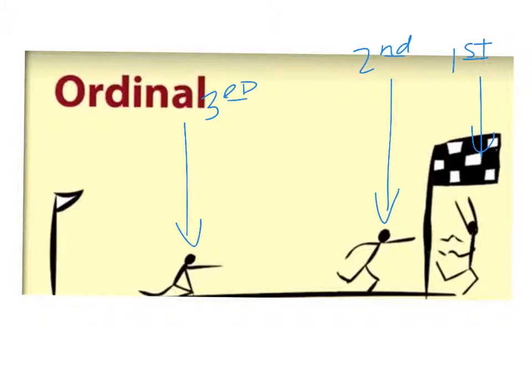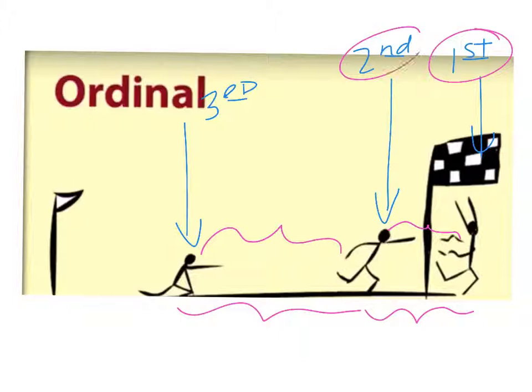What's important to know about ordinal data is that it doesn't necessarily have the same gap. So these 2 girls have a bigger gap between second and third than there appears to be between first and second. It doesn't matter how much first place won by. All that's important is that this lady came in first, this lady came in second, this lady came in third.